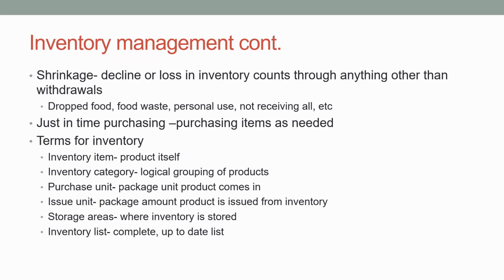Some other things that you're going to need to look at: shrinkage is the decline or loss in inventory count, so anything other than taking it out and using. So someone drops a jar of food and it breaks. You have food waste, personal use, you didn't receive all your order. Anything like that is counted in shrinkage. So you have to keep that in mind when you're doing inventory.